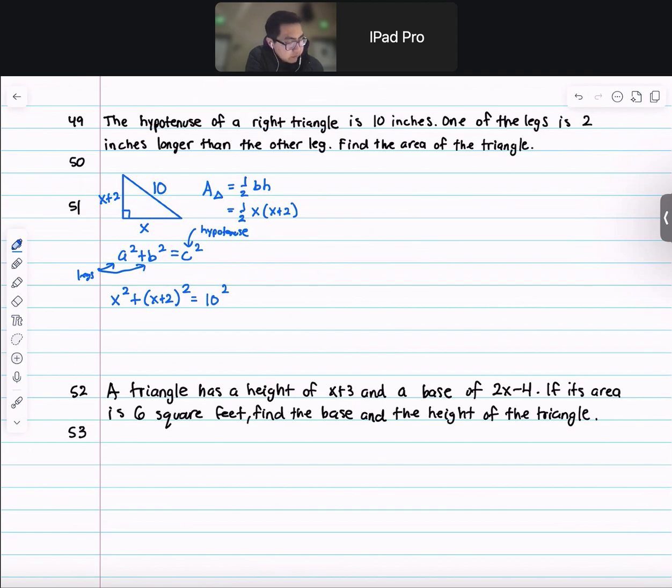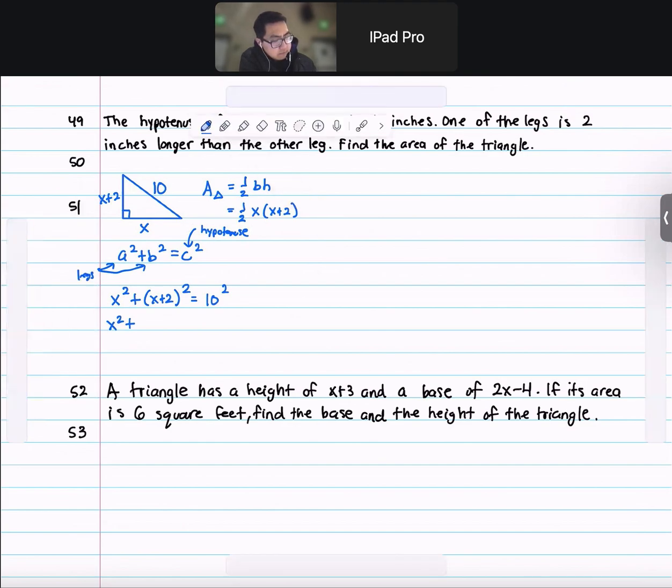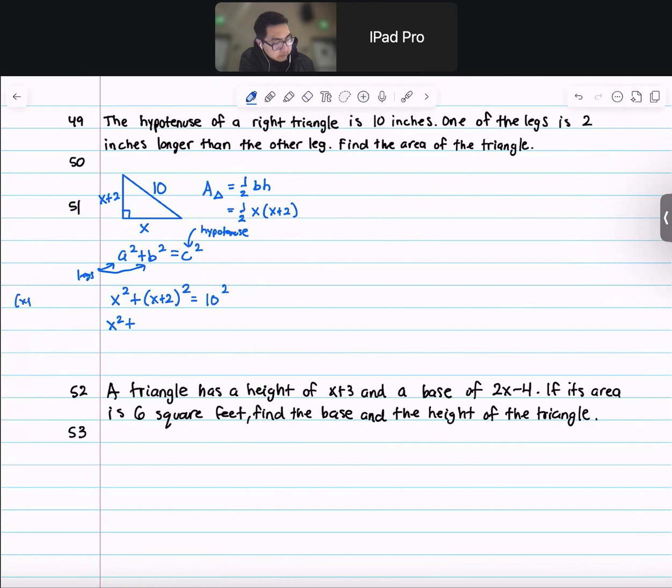Now, please remember this: x plus 2 squared, isn't that x plus 2 times x plus 2? So shouldn't you do a double distribution there? x squared plus 2x plus 2x plus 4, which is x squared plus 4x plus 4, equals 100.